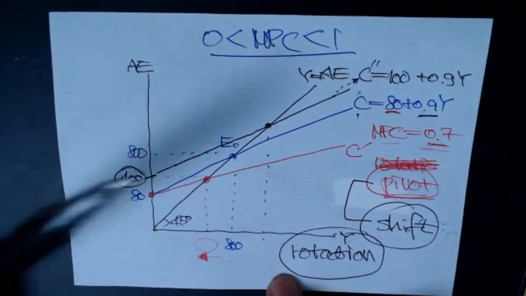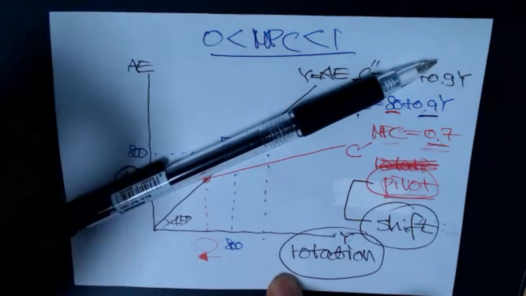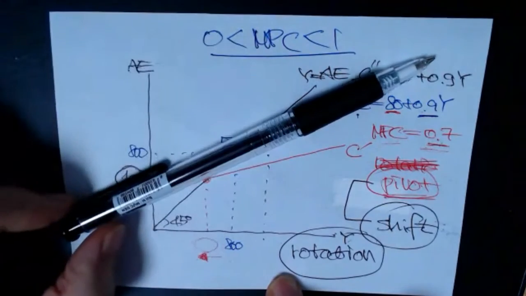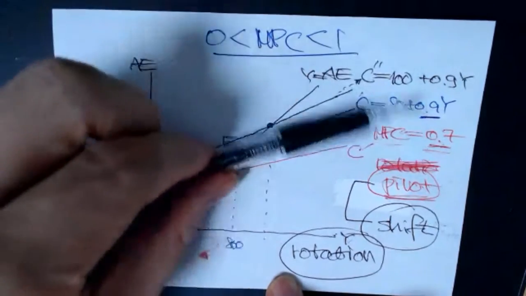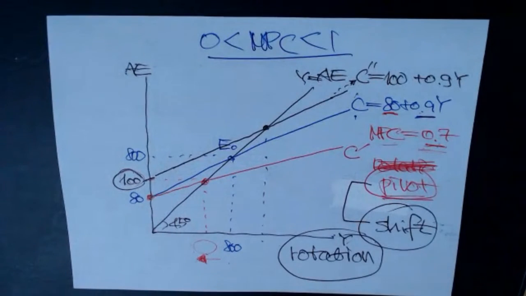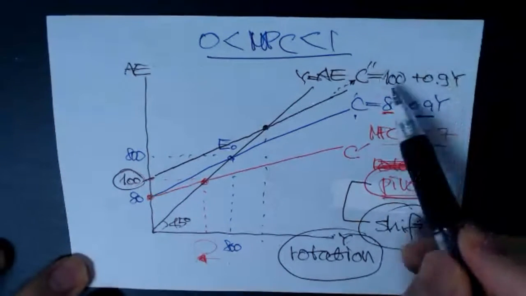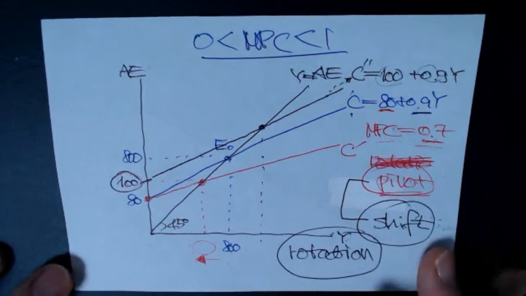Rotation means the existing consumption function rotates in this way. Rotate in this way. Right? So rotation includes changes in intercept plus changes in slope at the same time.